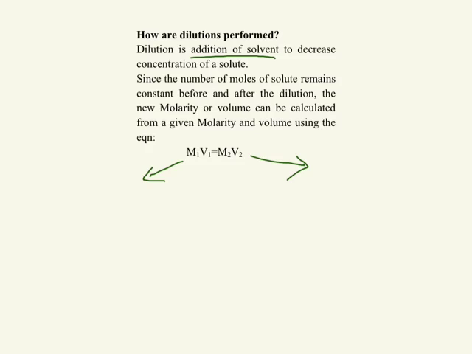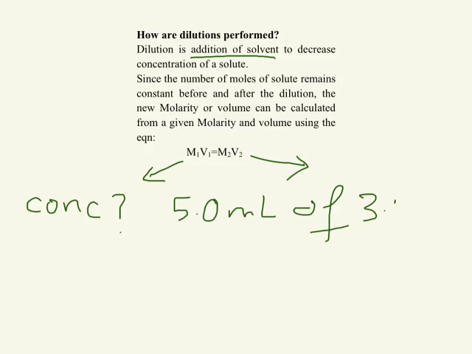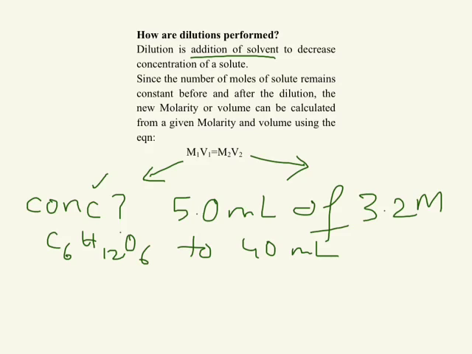So let's say you have a question: what is the concentration of a solution formed by diluting 5 ml of 3.2 molar glucose to 40 ml? So again the question is, what is the concentration of the final solution?